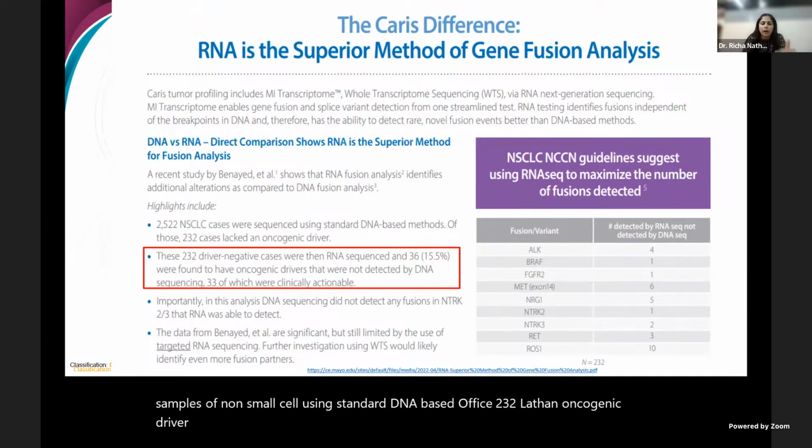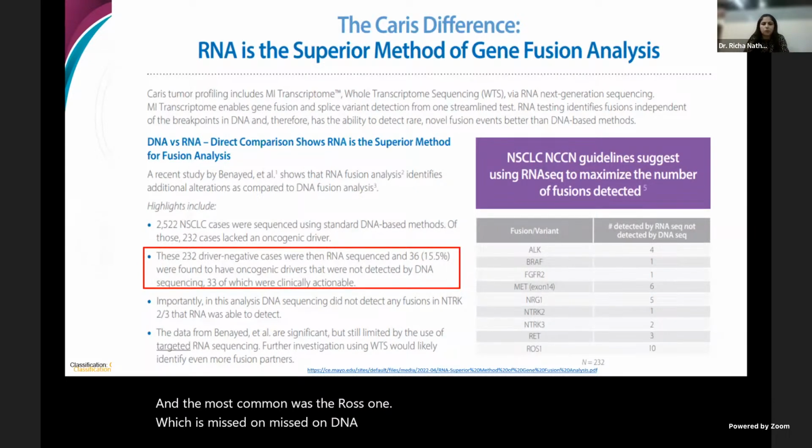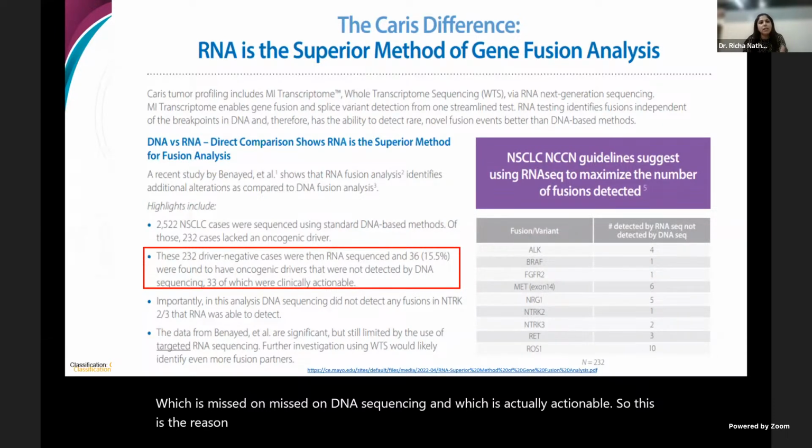But on RNA sequencing, they found 15.5% had an oncogenic driver. The most common was ROS1, which is missed on DNA sequencing and which is actionable. So this is the reason we advise DNA as well as RNA when it comes to fusion.